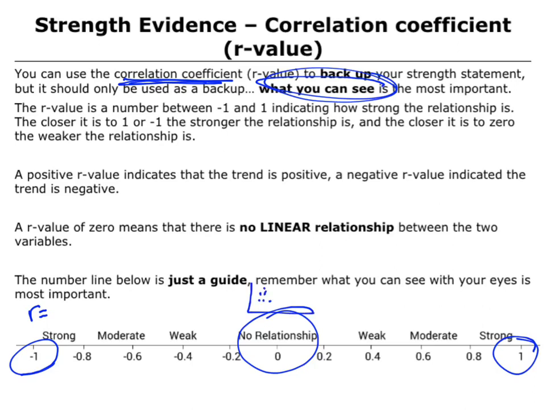So in terms of my graph, it's just a whole bunch of data randomly scattered around with no particular pattern. A correlation of 1 tells me I've got a very strong positive relationship. Correlation of -1 tells me I've got a very strong negative relationship. And as we get closer and closer to 0 from either end, so as we're going down from +1 or going up from -1, the strength of the relationship is decreasing.